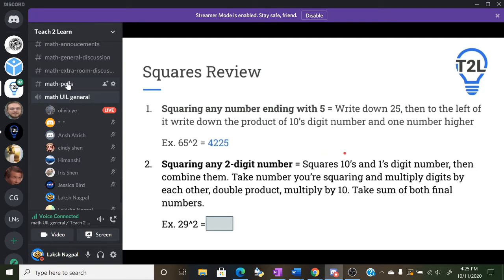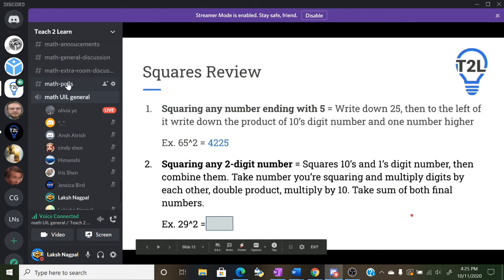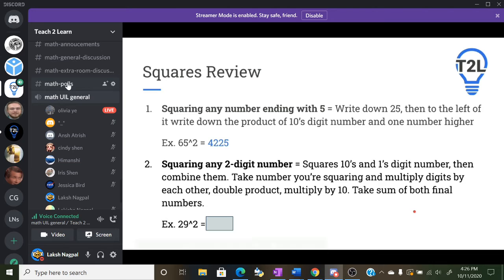Squaring any two-digit number. I don't think my explanation completely lines up with this, but what I was taught is, do you guys know what a squared plus 2ab plus b squared is? Just a question.